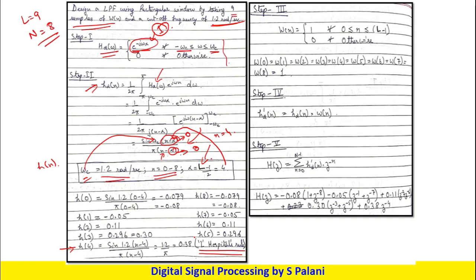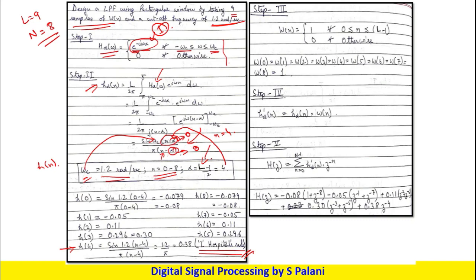Otherwise you will not be getting the answer. The values would become infinite, right? So up to this point our numerical is similar, the process is similar.